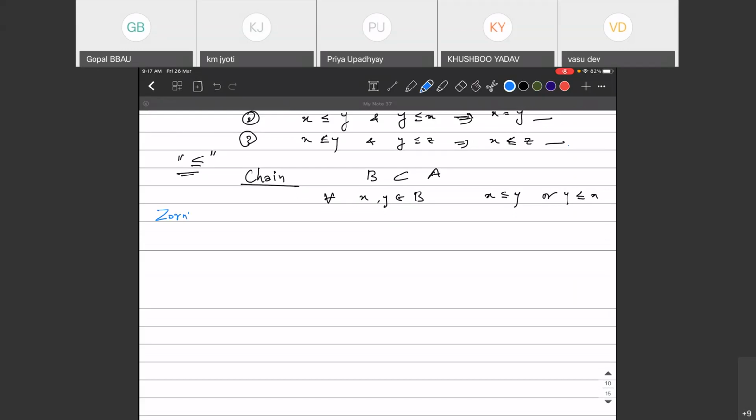Okay, so what is Zorn's lemma? Do you remember its statement? It says we have a maximal element in an upper bound.